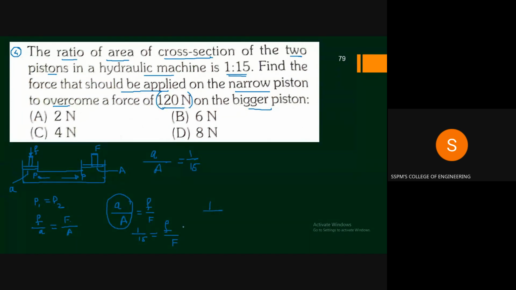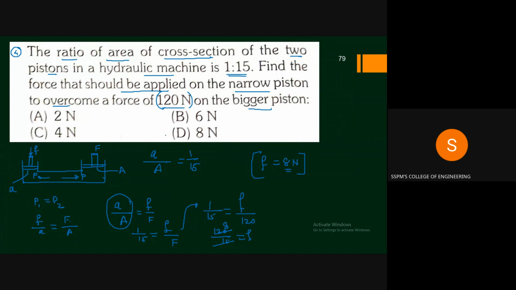So 1 upon 15 is equal to small f divided by 120. From this we can write 120 upon 15 is equal to small f. So small f is equal to 8 Newton. So the force that should be applied on the narrow piston is 8 Newton.